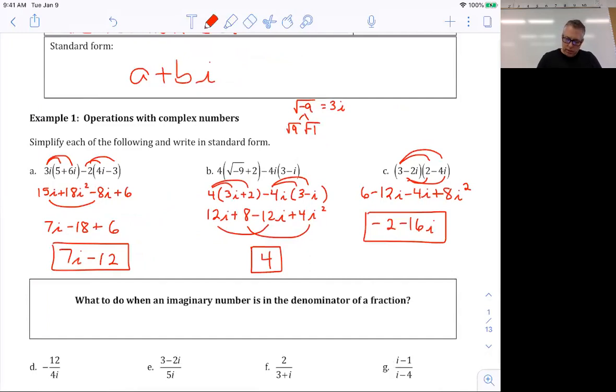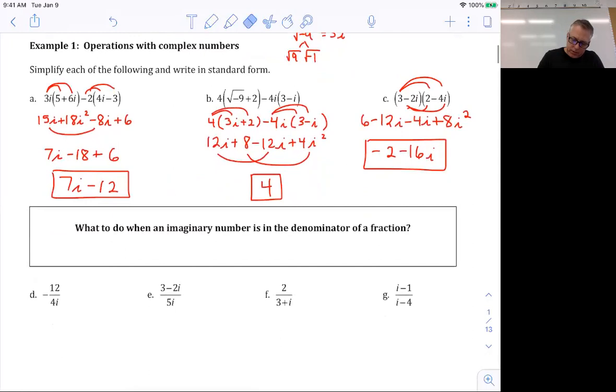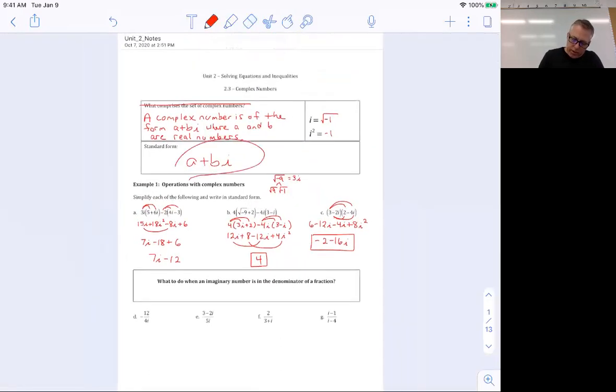Now notice that you can write your complex number either way, with the real part first and the imaginary part second. Over here, I wrote the imaginary part first and the real part second. It can be written that way. It does mean the same thing, but it really would be best to keep it in the general form of a plus bi.